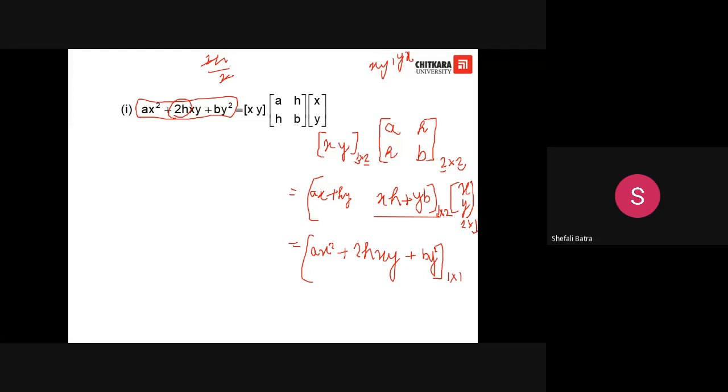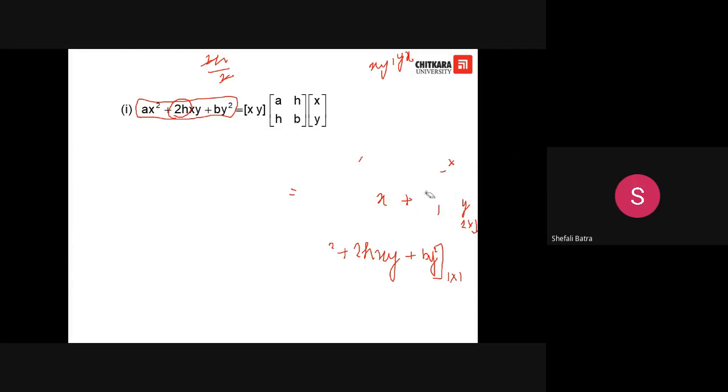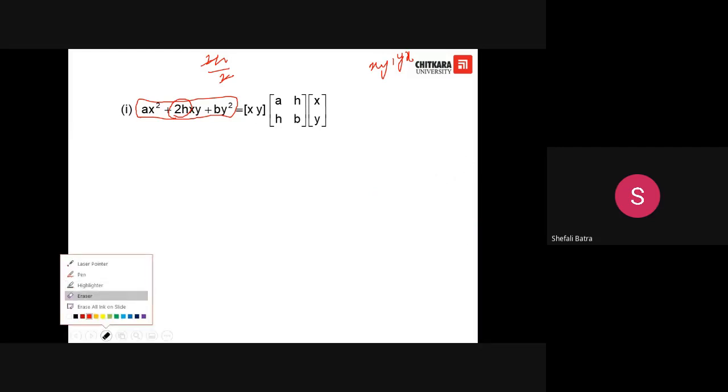Right, beta? So this is how you can write it in the form of a matrix. But there is no need to do the multiplication like that. The question will be asked: write the matrix for this quadratic form. So you need to write out this matrix.